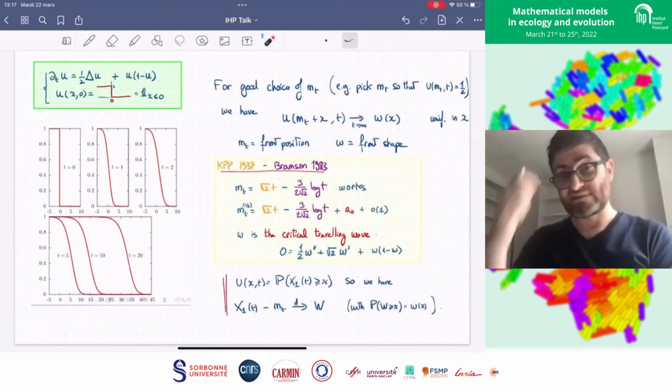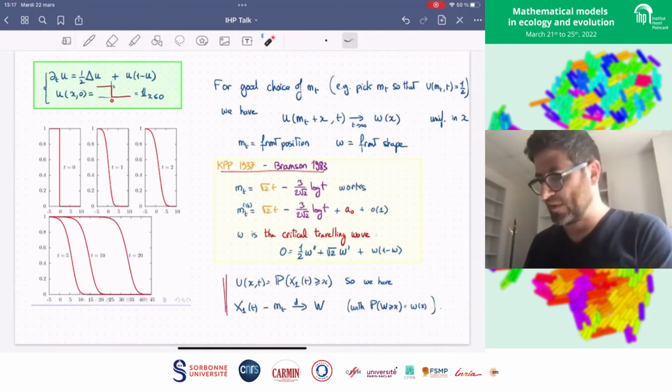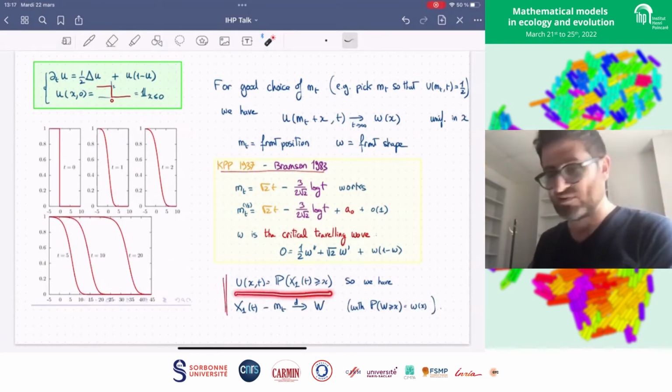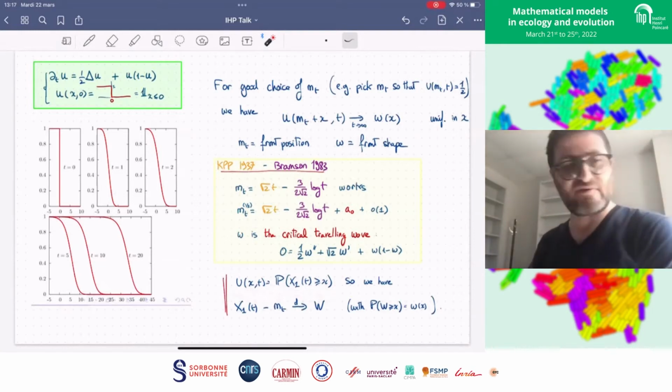So for the probabilists, what this means is that you remember that u of x and t was 1 minus the CDF for the position of the maximal particle.